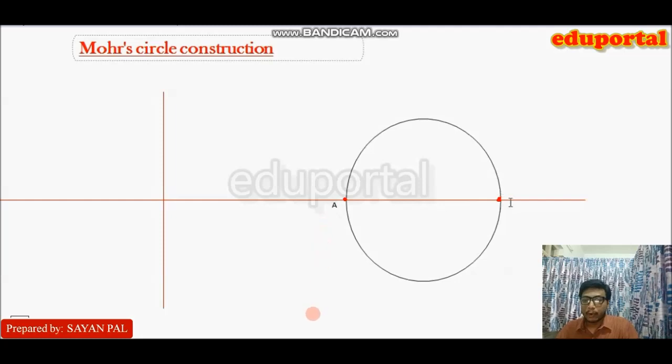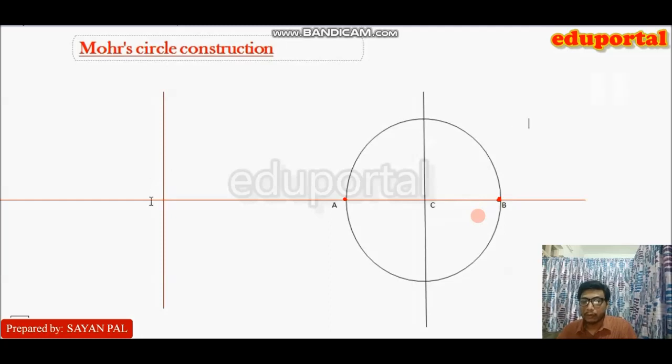We have indicated point A as the point for minor principal stress, and point B for major principal stress. Now we will find the center. How? Sigma 2 plus sigma 1 by 2, that is C. C is the center.